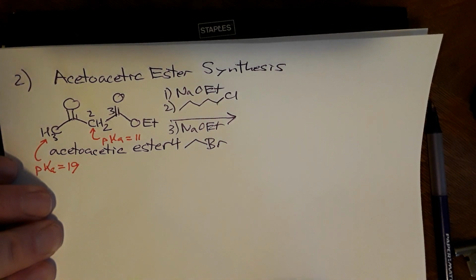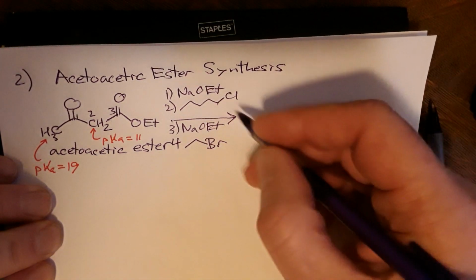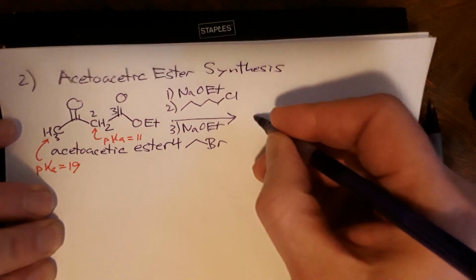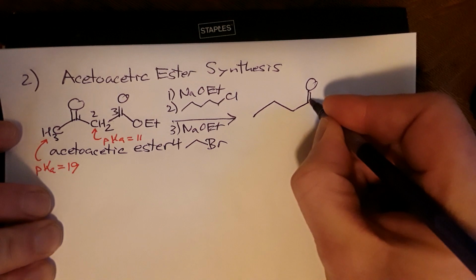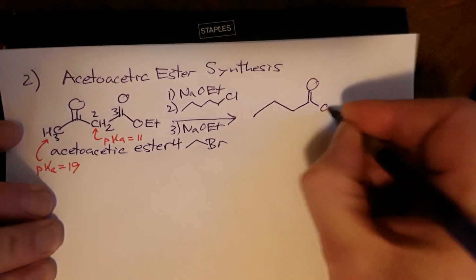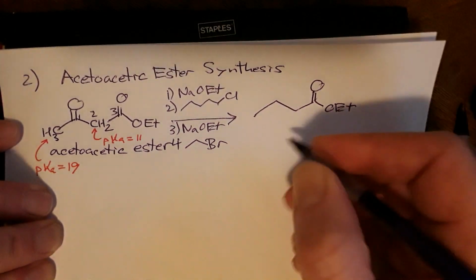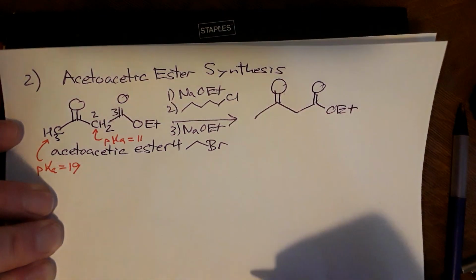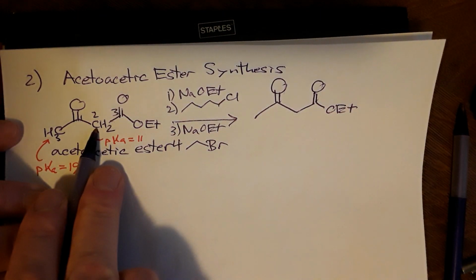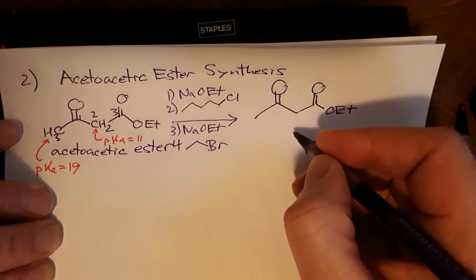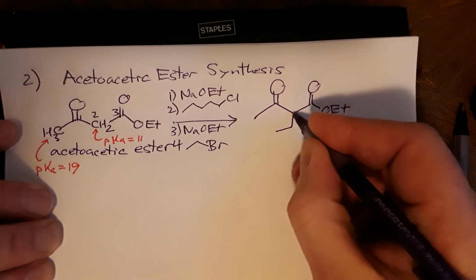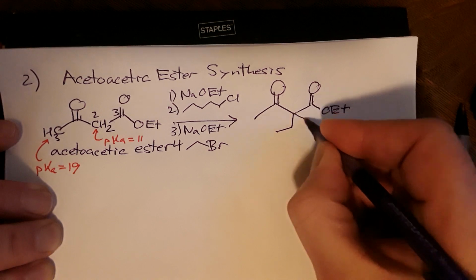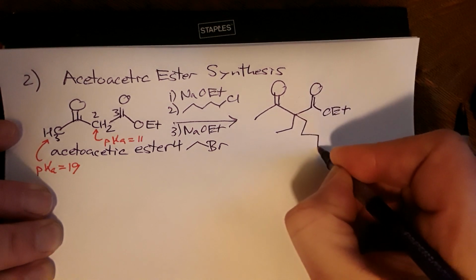So if we draw the product of these 4 steps anyway, then we will end up with our acetoacetic ester, where both of these hydrogens have been replaced by alkyl groups. The second one was an ethyl group, 2 carbons, and the first one was a pentyl group, 1, 2, 3, 4, 5.